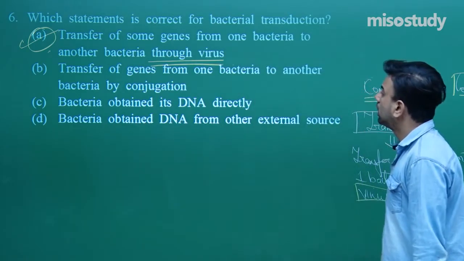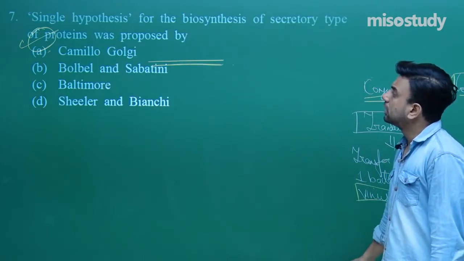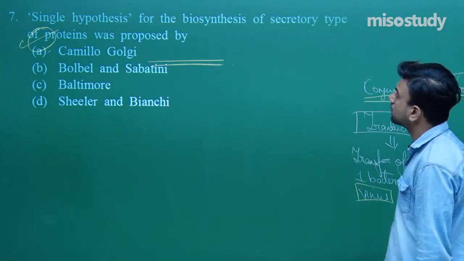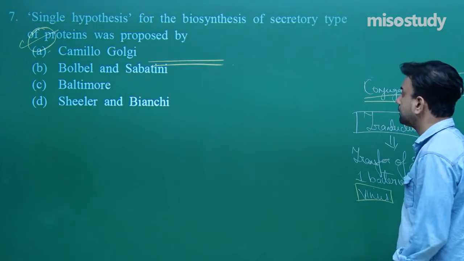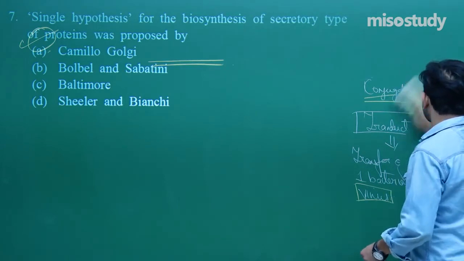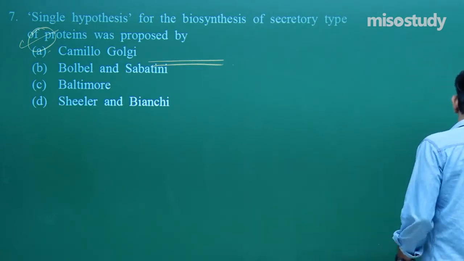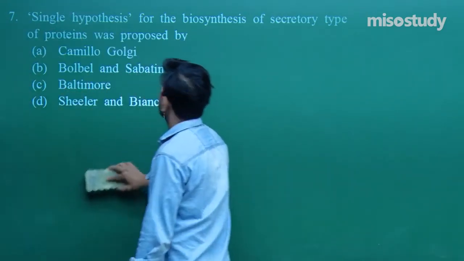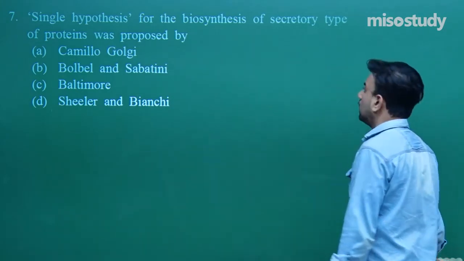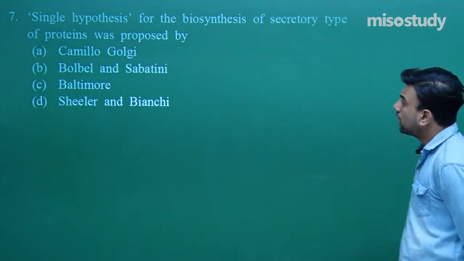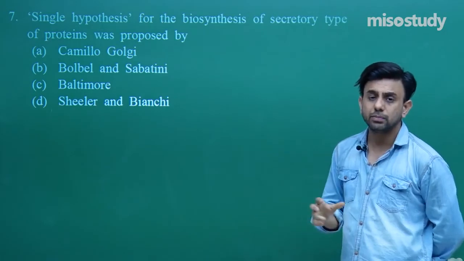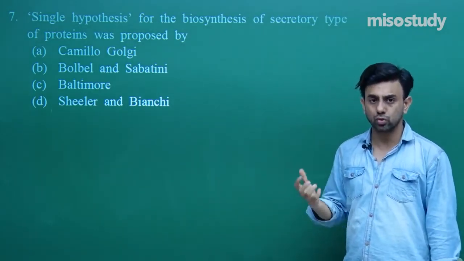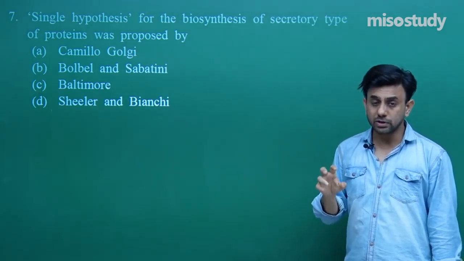Right. Let us move to the next question. The signal hypothesis for the biosynthesis of secretory type of proteins was proposed by whom? When proteins are synthesized, they need to know where to go.